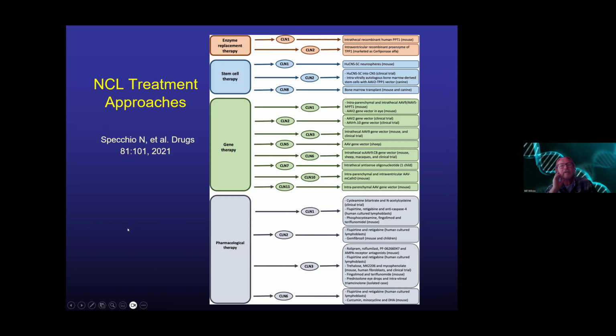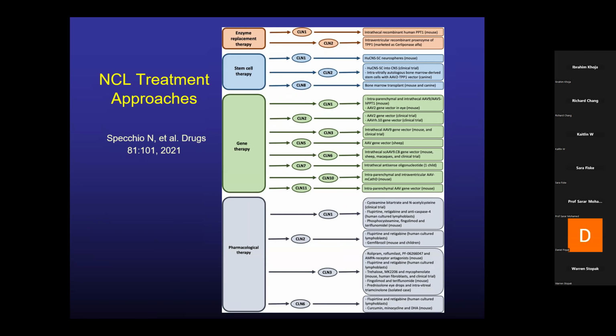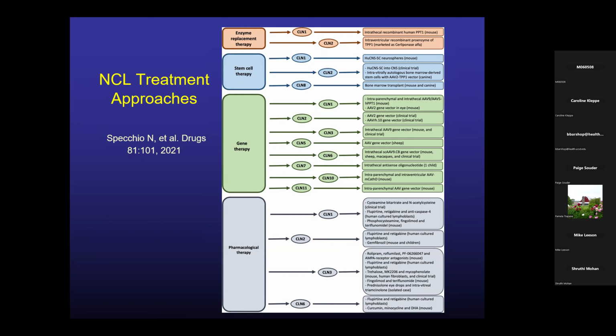There are different treatment approaches. There's enzyme replacement therapy. That's what's approved for CLN2. There are stem cell therapies that are being tried, mostly preclinical. There's, I think, an oligodendrocyte stem cell trial. They're doing it at Duke.